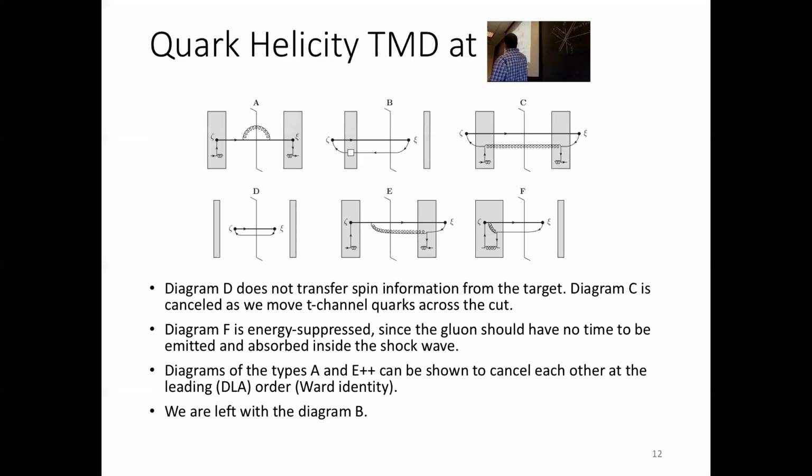And then you're left with diagrams A, B, and E. I'm going to spare you the pain of the calculation, but you can argue that at least in the leading double log approximation I'm working in, diagrams A and E would cancel each other. And one is really left with diagram B to calculate.